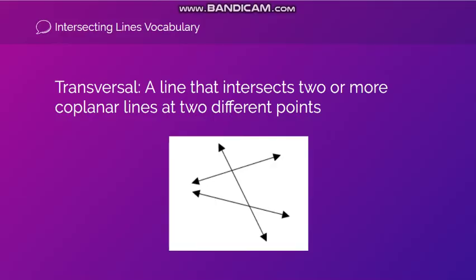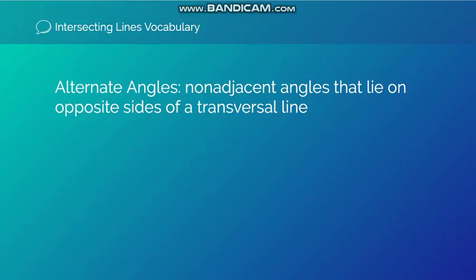Okay, before we go on, so when 2 lines intersect, they create 4 angles at their intersection. Transversal lines create multiple intersections, so they create multiple sets of 4 angles, and those angles have relationships with each other. The first relationship we have is alternate angles. These are non-adjacent angles.